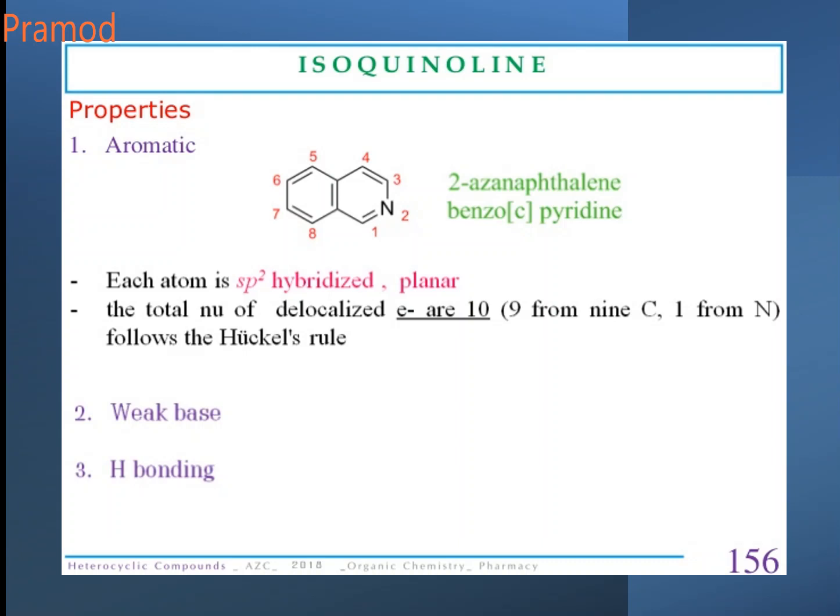It is also sp2 hybridized, same as quinoline, with 10 electrons delocalized, conjugated, and following Huckel's rule. They are weakly basic and also undergo hydrogen bonding. The properties are similar to those of quinoline.